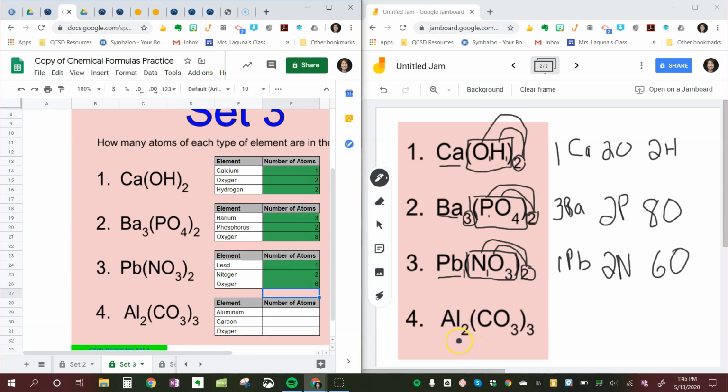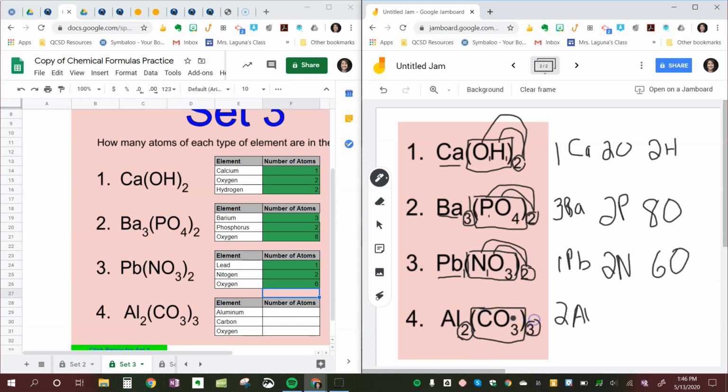All right, here's our last one of this set. The aluminum has a subscript 2, and it's outside of the parentheses. So this 3 doesn't bother the aluminum. So we have 2 aluminum, and this is called aluminum carbonate. Now let's see inside the parentheses. So I'm going to box my parentheses and see what's going on.